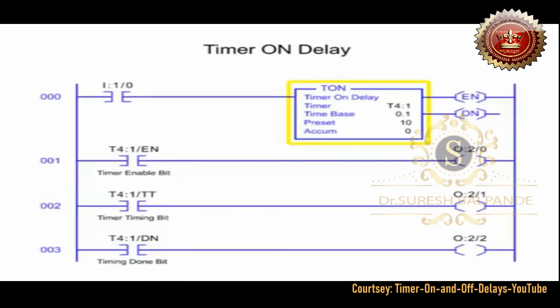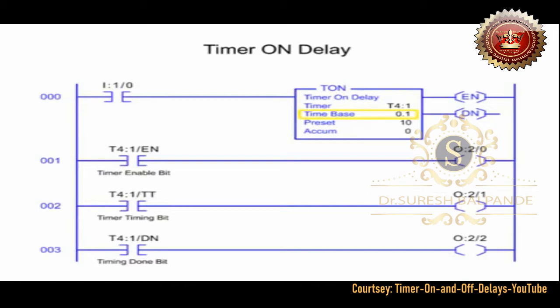The timer on delay instruction is used to turn an output on or off after the timer has been on for the preset time interval. The timer requires user input data that consists of a preset value and a time base. The time base of the timer instructions is expressed in seconds.